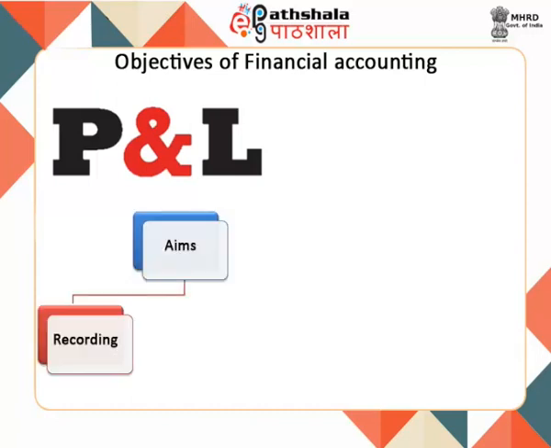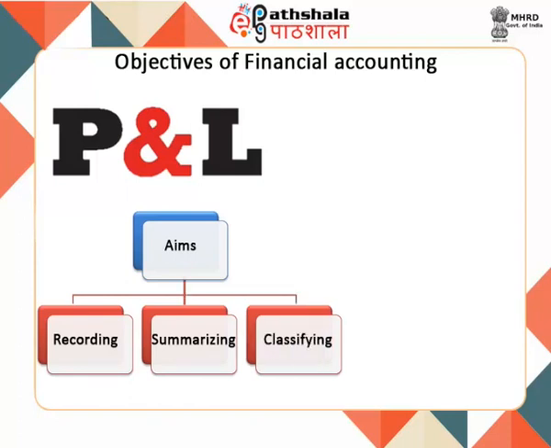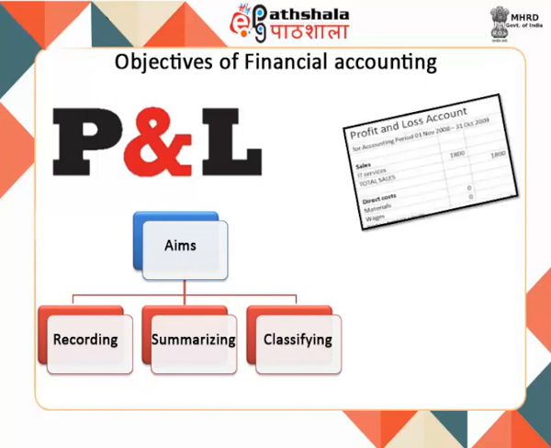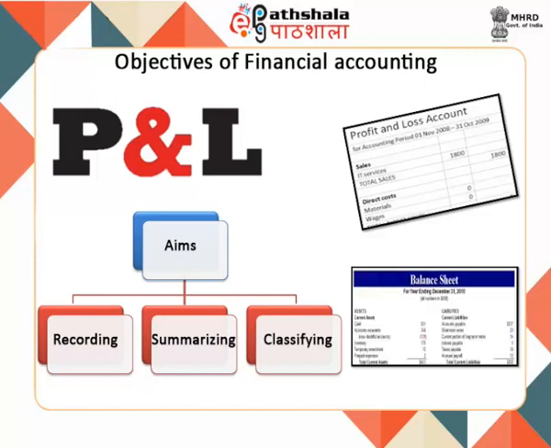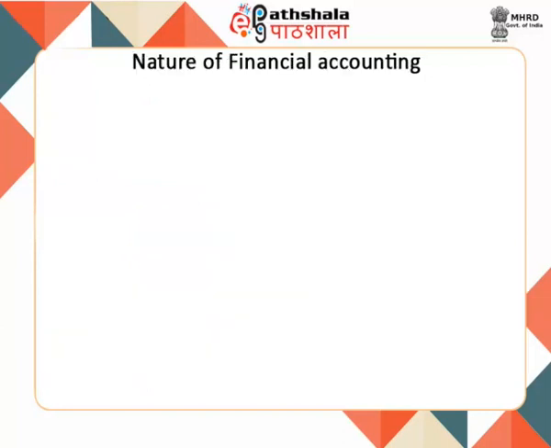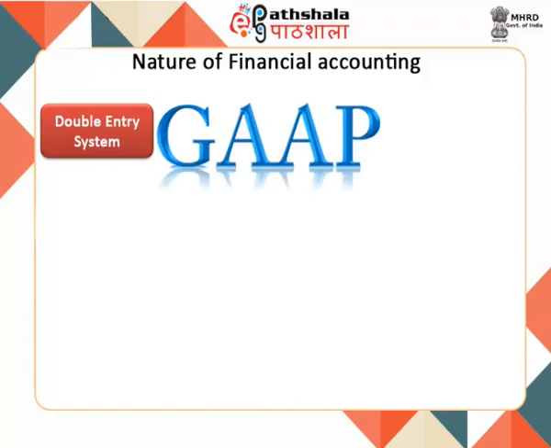The aim in recording, summarizing, and classifying the transactions is: number one, to prepare a profit and loss account and an income and expenditure account; two, a balance sheet at the end of the period. The nature of financial accounting is that it is based on the double entry system and is governed by generally accepted accounting principles and rules.